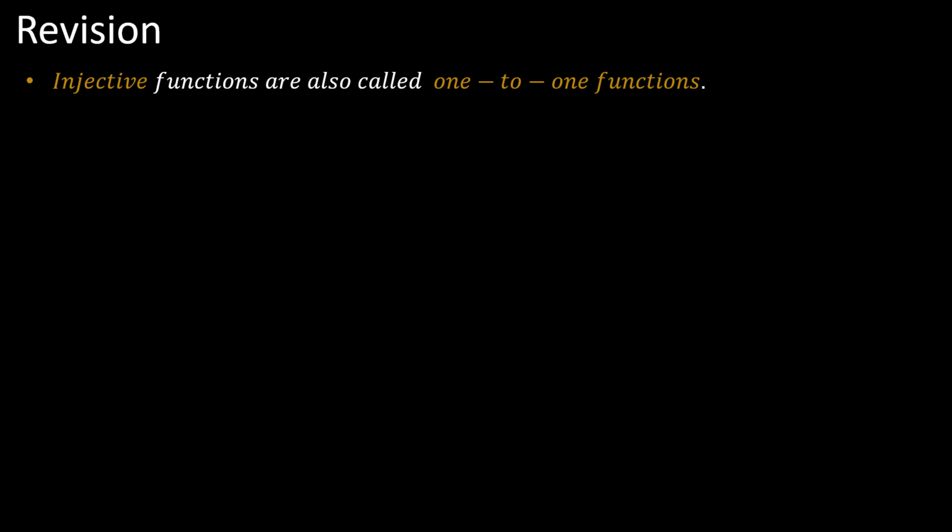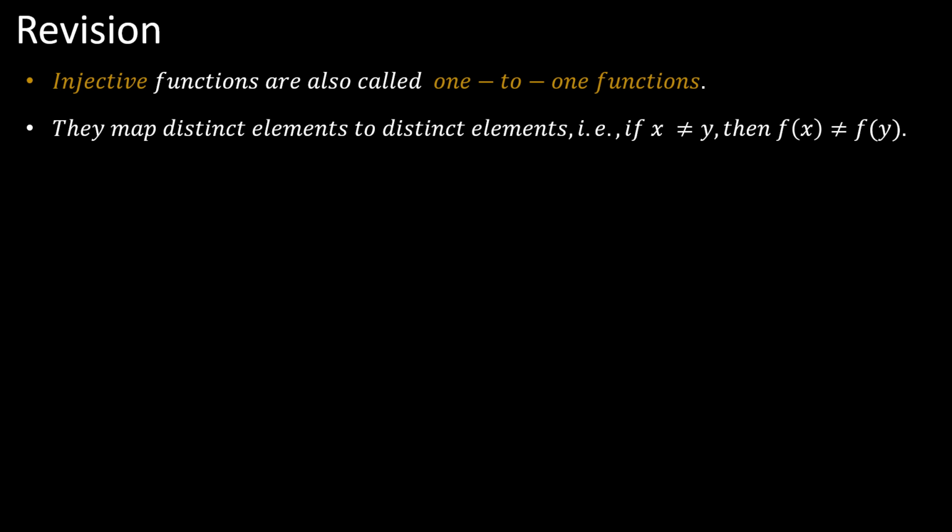To go through a revision on some of the concepts that we covered. So we looked at the types of mappings, and let me use just very elementary terminology. And by mapping, let me use the word function here. So injective functions are called one-to-one functions, and they map distinct elements to distinct elements.